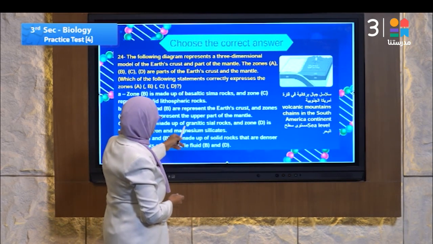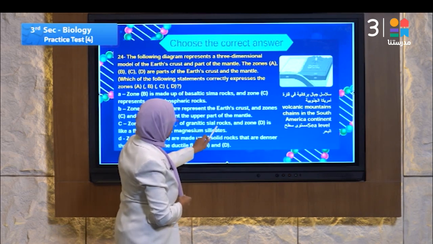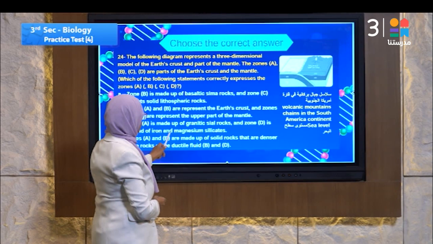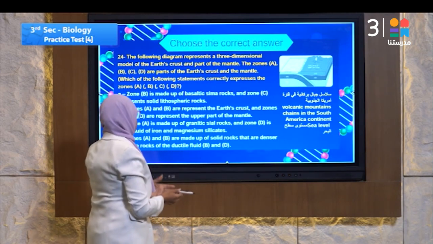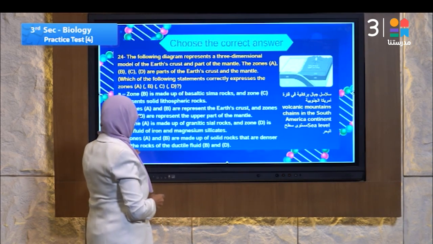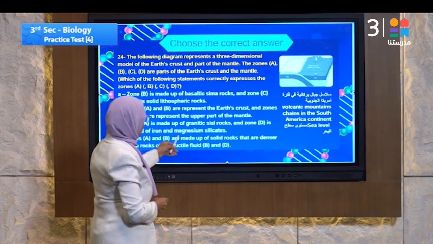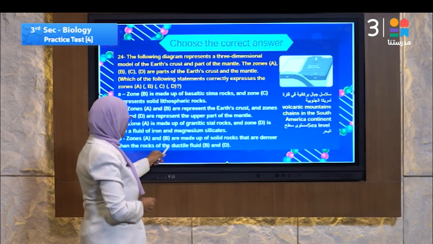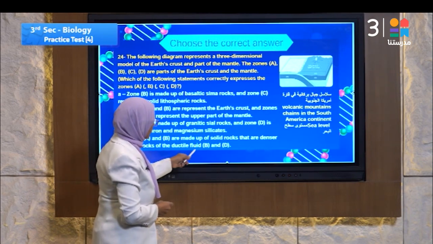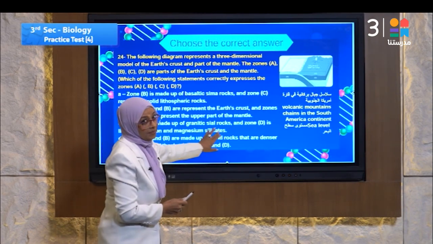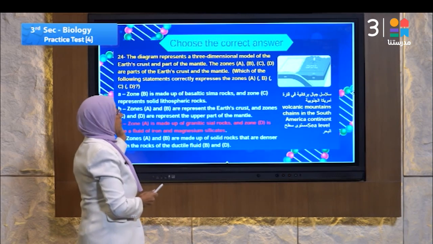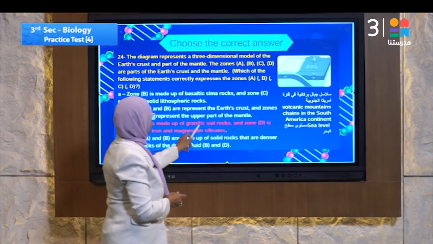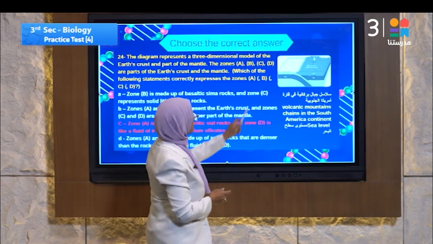Zone A is made up of granitic sial rocks, and zone D is like fluid iron and magnesium silicate. Maybe D. Zones A and B are made up of solid rocks that are denser than the rocks of ductile fluid B and D. I mean the answer is number C, because zone A is made up of granitic sial rocks.